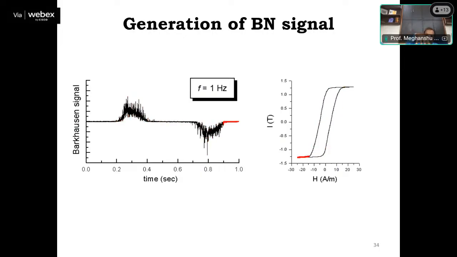And when we reduce this magnetizing frequency, the depth of penetration of the magnetic field inside the material will increase. So magnetizing frequency is inversely proportional to penetration depth of the magnetic field.